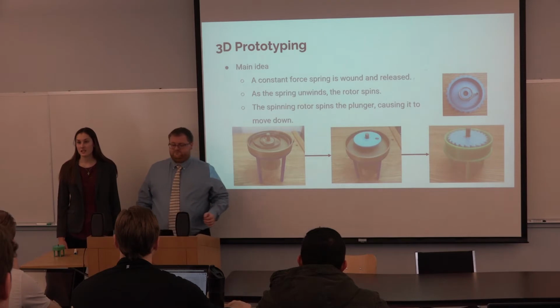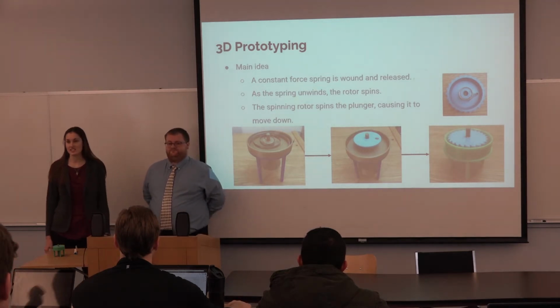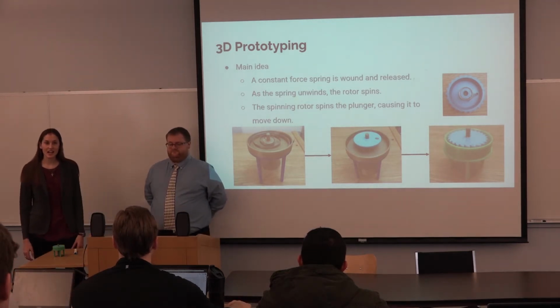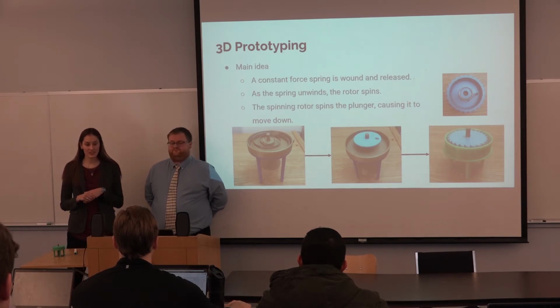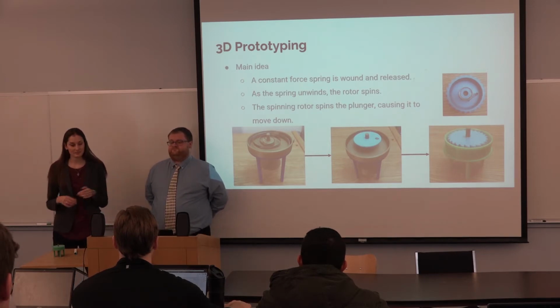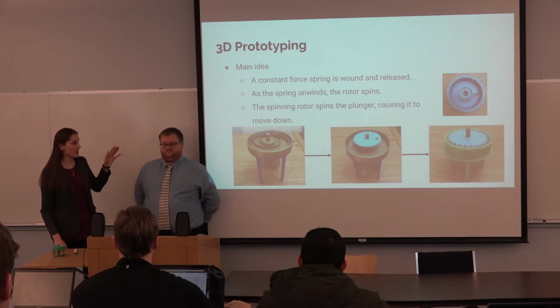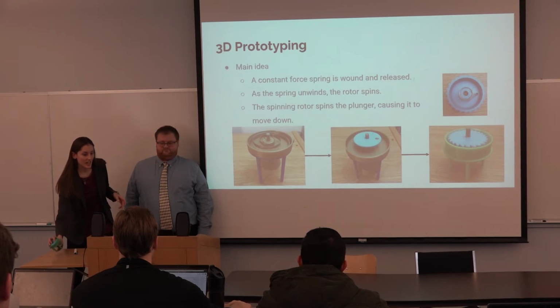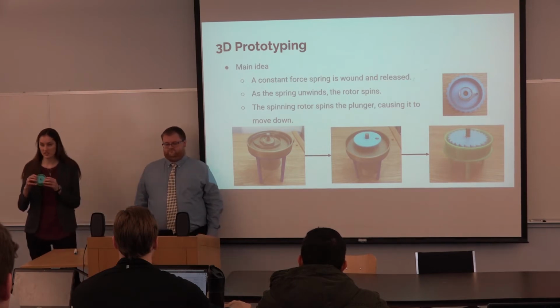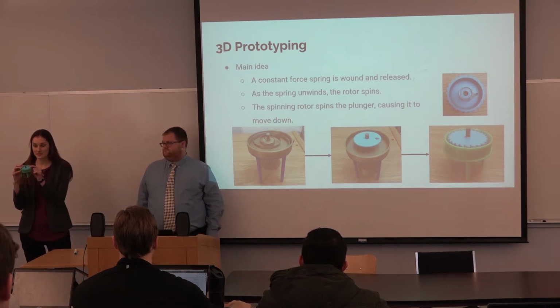So we started prototyping at 3 times the target device design. Scaling up our design helped us to understand the functionality and improve the final mechanism. These pictures show the evolution of our scaled up model. The main component of our design is the constant force spring, which is secured under this rotor piece.